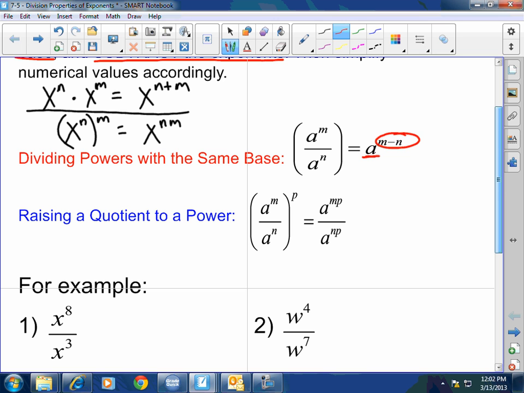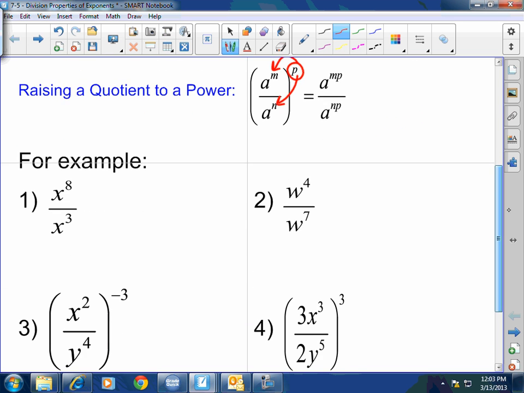When I raise a quotient to a power, just like when I raise a product to a power, I have to distribute the exponent to every single exponent inside of the parentheses. So a to the m divided by a to the n, all to the p, will equal a to the mp divided by a to the np. Does that make sense? Now, let me show you guys the real way to do it, and then I'll show you my trick.